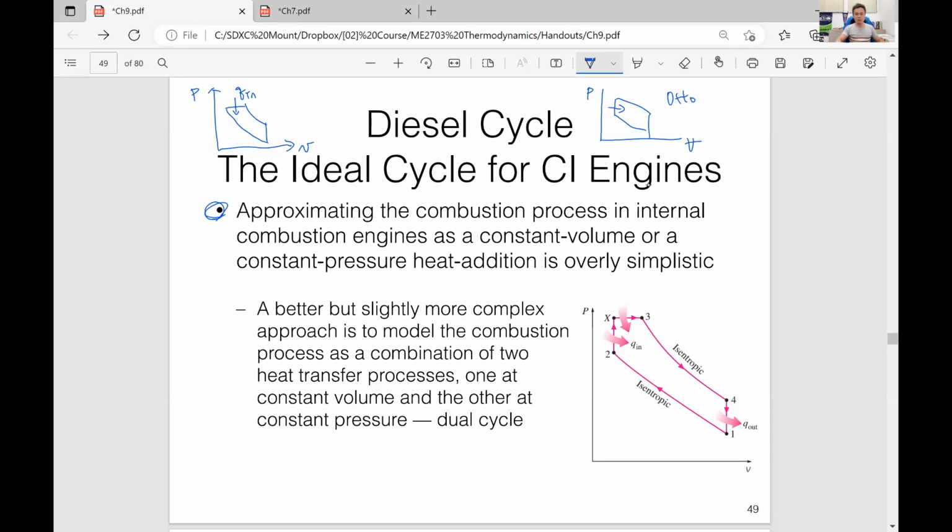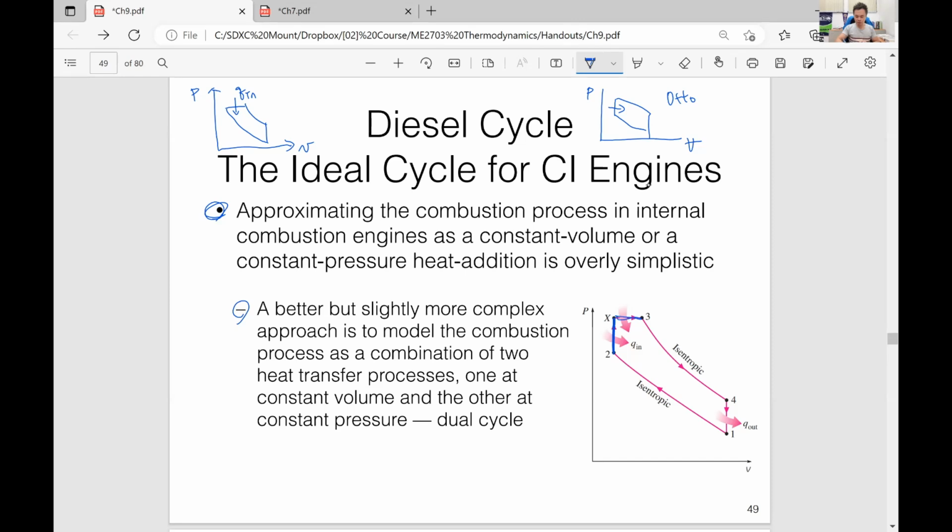So approximating the combustion process in internal combustion engines as constant volume or constant pressure heat addition is overly simplistic. A better, but slightly more complex, approach is to model the combustion process as a combination of two heat transfer processes: one at constant volume, like this one, and the other at constant pressure.